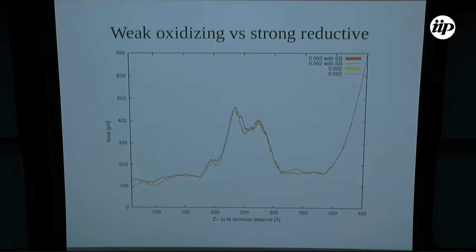So what happens when we compare weak oxidizing with strong reductive? So now we have the ability to form and break disulfide bonds, and look at those two plots. They are more or less identical.